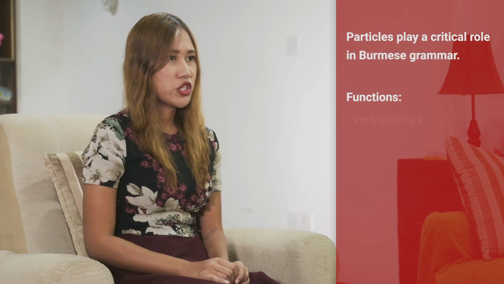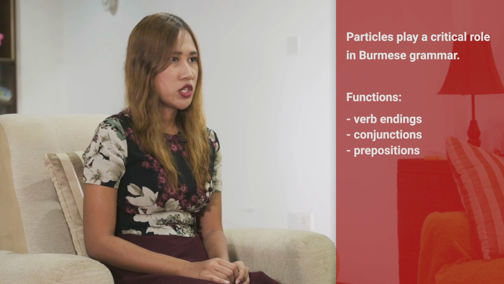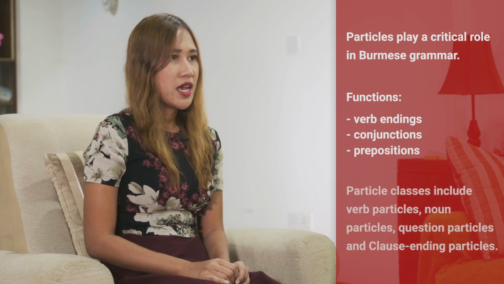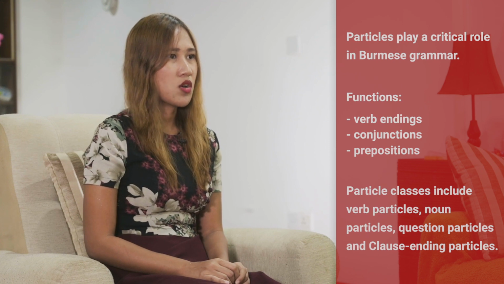While nouns and verbs can be freestanding, particles are always attached to other words, usually as suffixes. Particles play a critical role in Burmese grammar, taking a number of functions such as verb endings, conjunctions, and prepositions. Particle clauses include verb particles, noun particles, question particles, or clause ending particles.